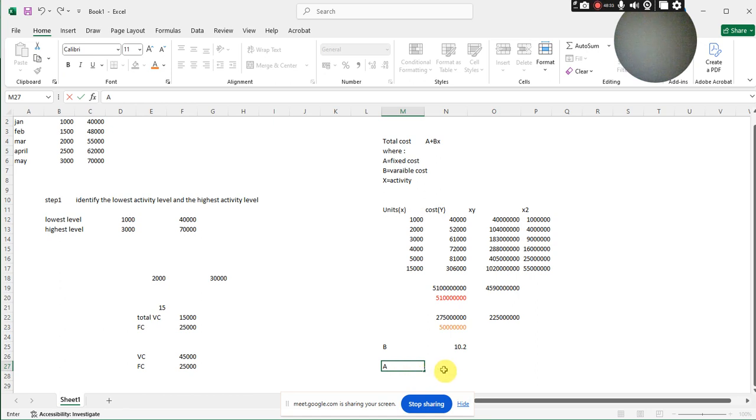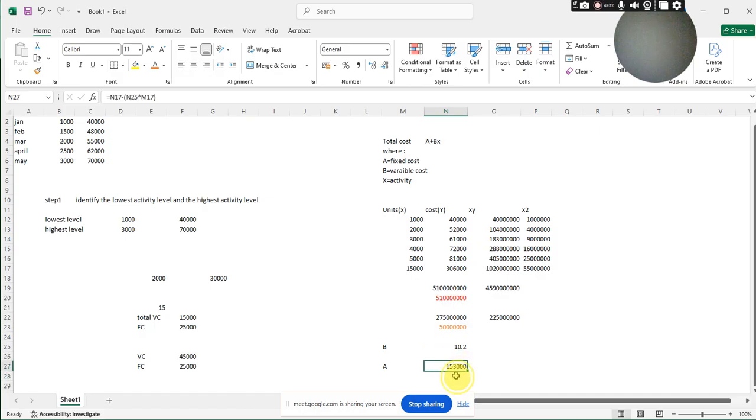So we can say equal to our summation y, equal to this, minus open bracket, this multiply by this, close your bracket, enter, right?